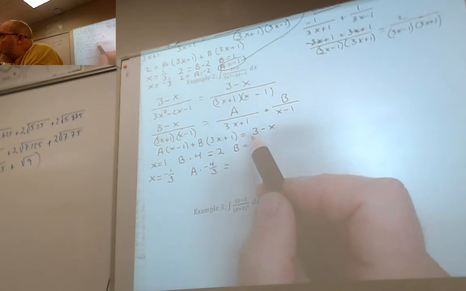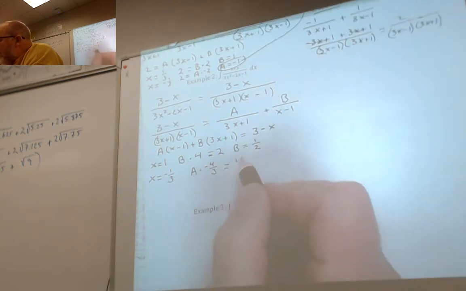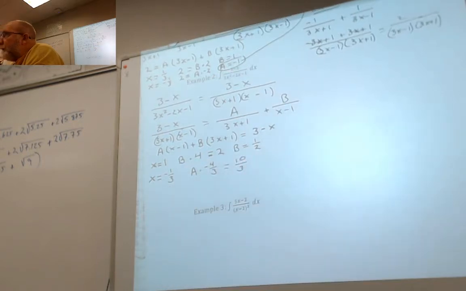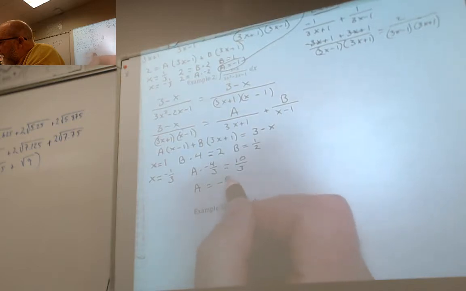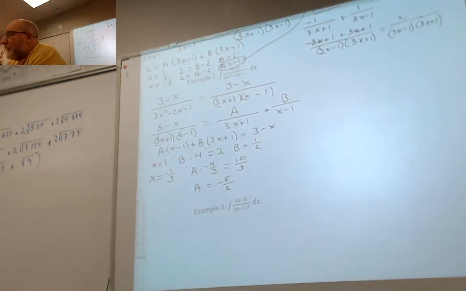I'm going to have 3 plus a third. That's 3 1/3, which is 10/3. Which means a is equal to negative 5/2. You see how I get that? I multiply by the reciprocal. I get 10 over negative 4, which is negative 5/2.